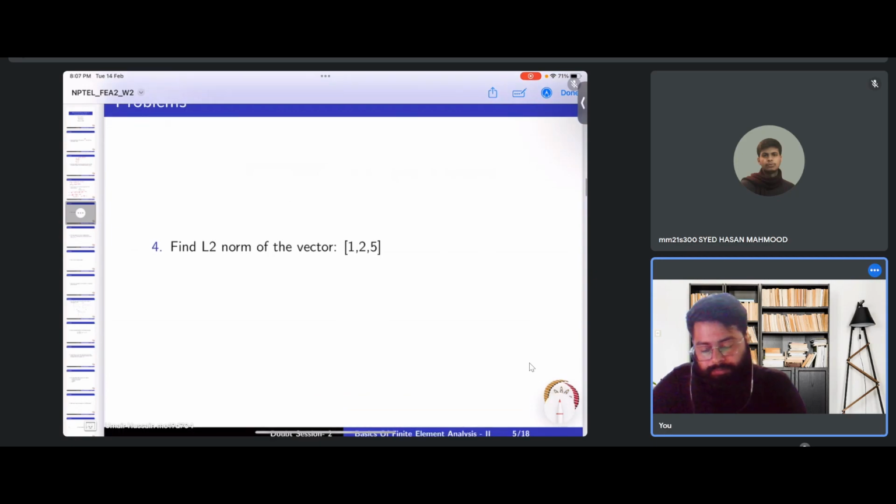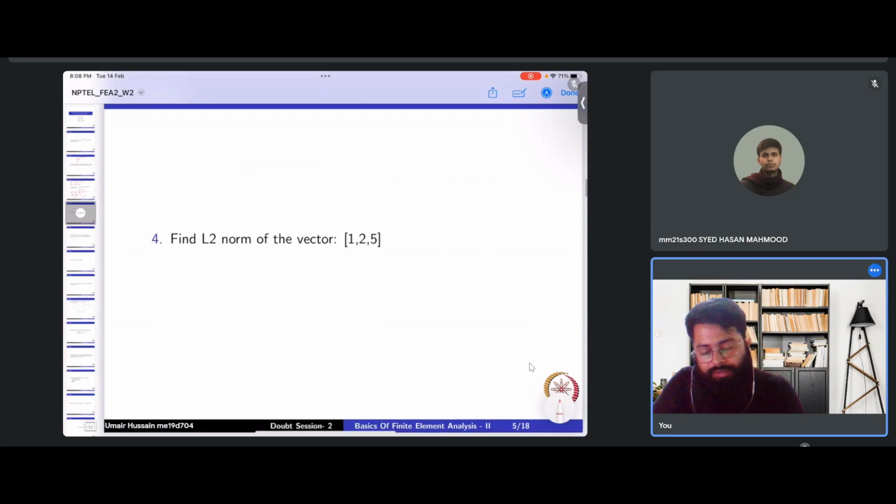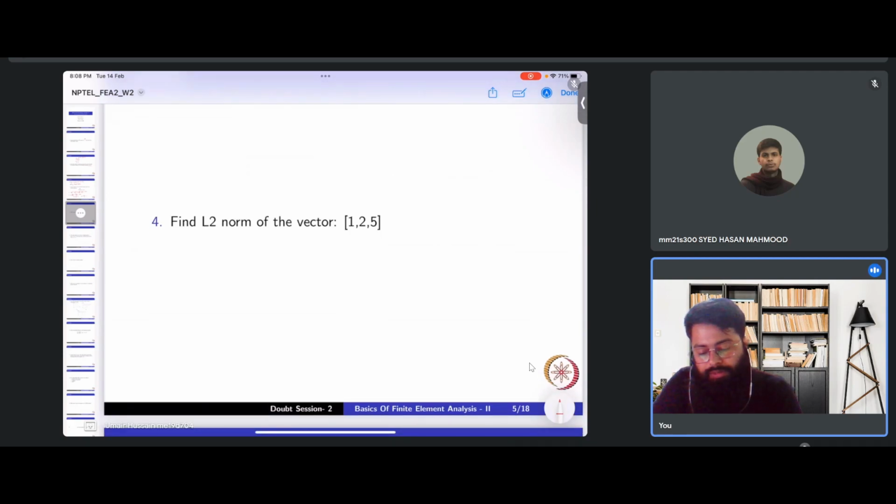So this is some basic exercise. The L2 norm is not something new introduced here. It's a very general, very popular topic in linear algebra. So how do we find the L2 norm of a vector?